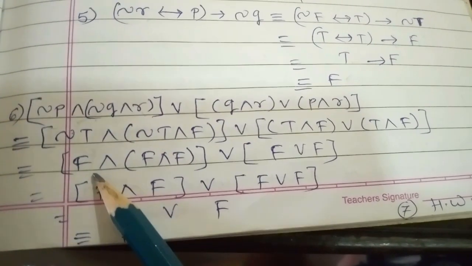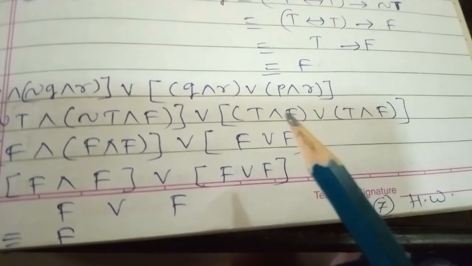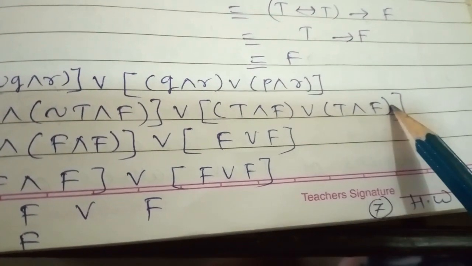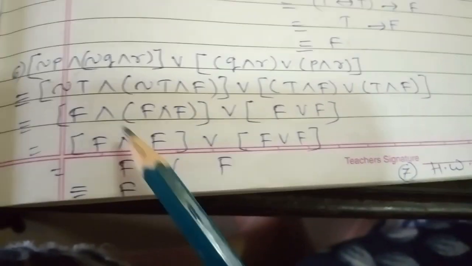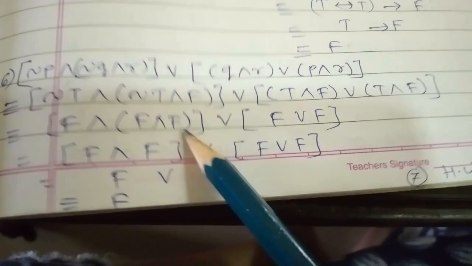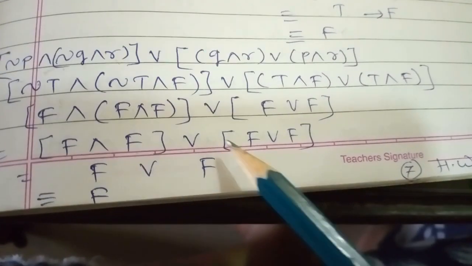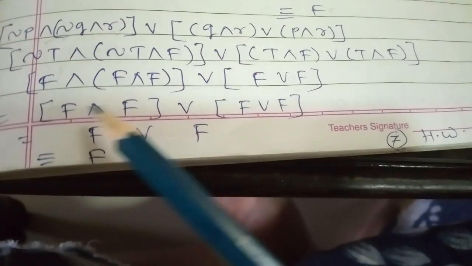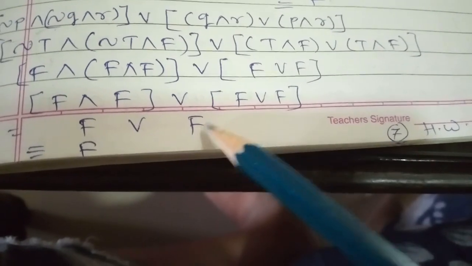Negation of T is false, negation of T is false. The remaining terms I write here as it is, T conjunction F is F, and again the same, it is also F, and the sign in between them is disjunction. Now F conjunction F is F, so F is as it is, conjunction as it is, and the answer of this one is F. This term I write here as it is. So the answer of this one, F conjunction F is F, and disjunction as it is, and again the answer of this one is F, and F disjunction F is F.